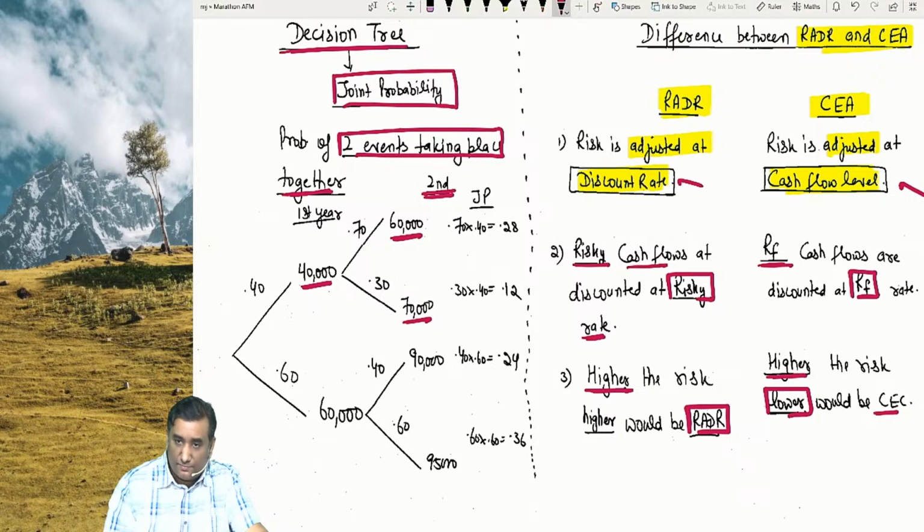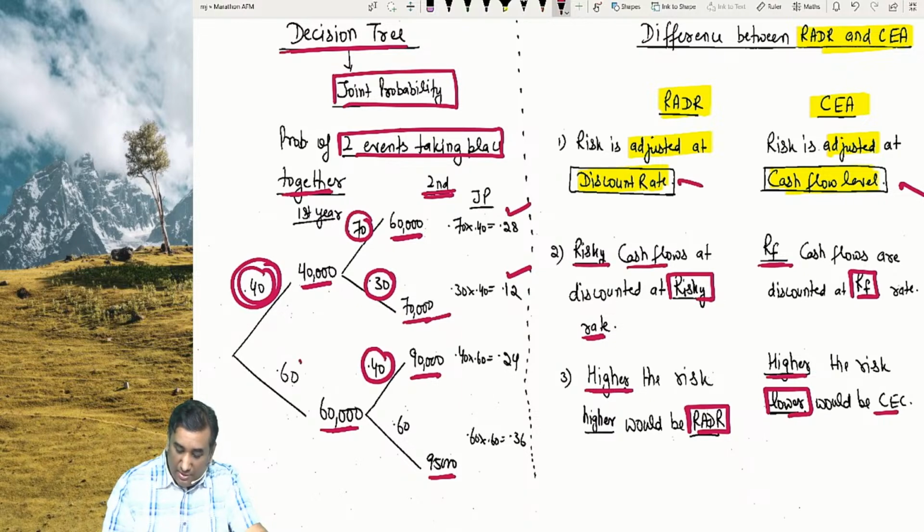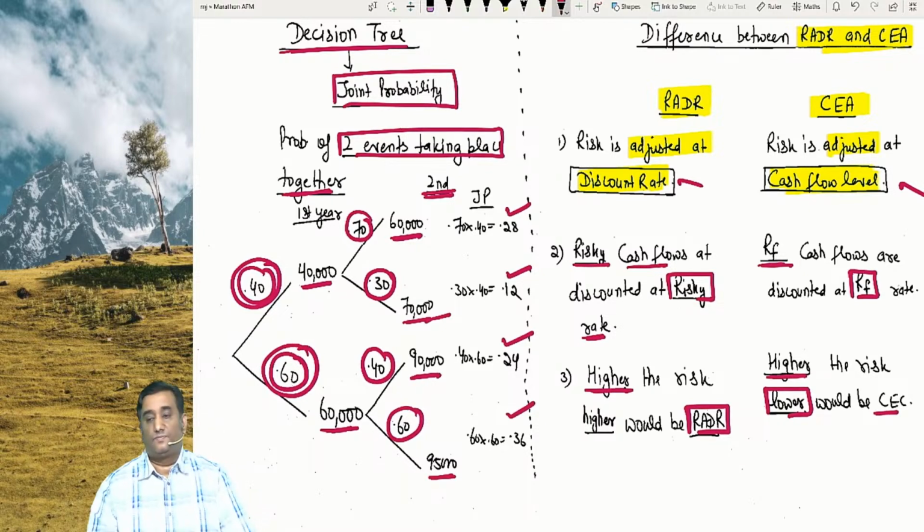If this happens 60,000, next year could be 90,000 or 95,000. This 70% depends on this 40. Joint probability is 28%. This 30% depends on this 40. So happening of this event is 12%. 40% depends on this 60. 24. 60% depends on this 60. 36. That could be a decision tree.